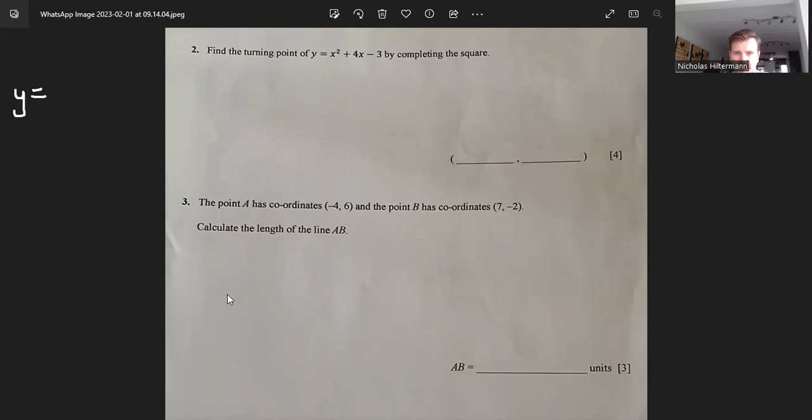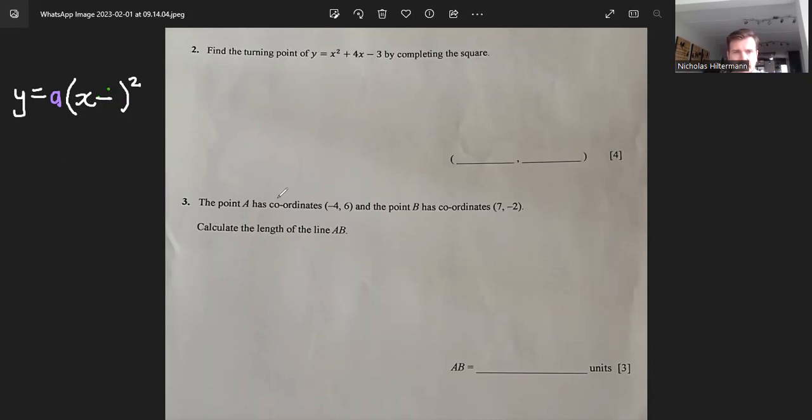So the turning point format looks like y equals, and then we have a number in the front, which would be a, and then we would have bracket, square, and then here we would have your x, and then we would say minus b.